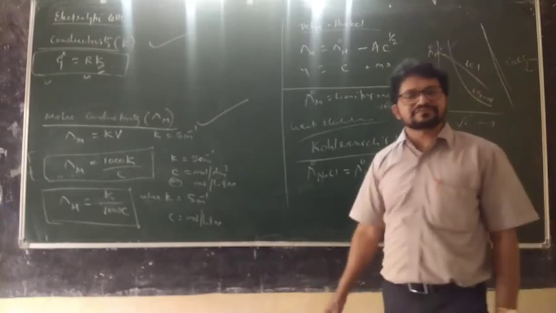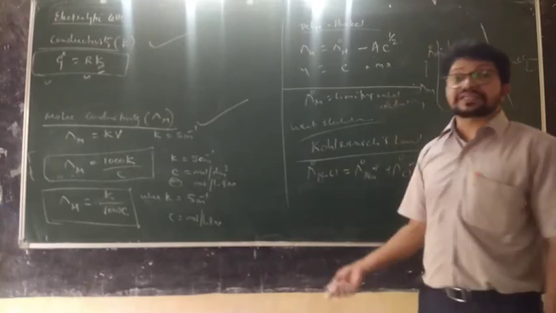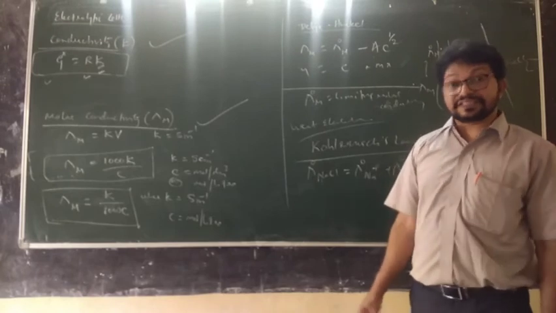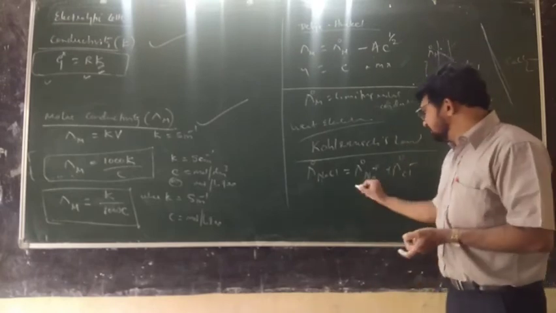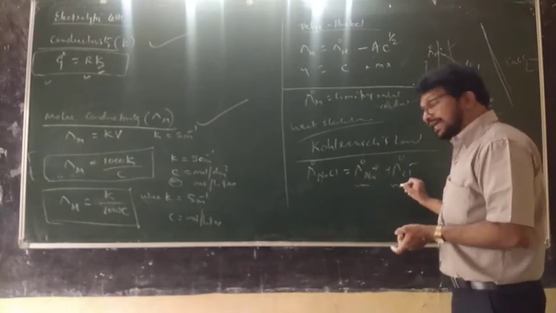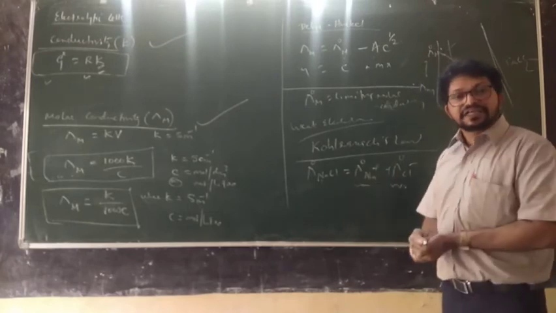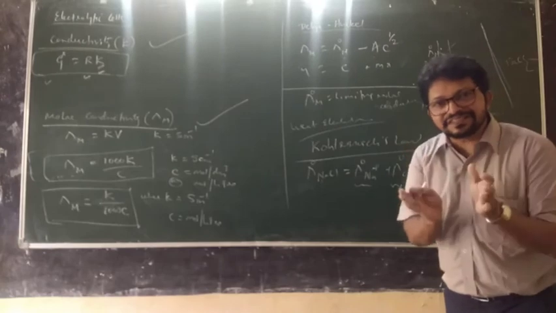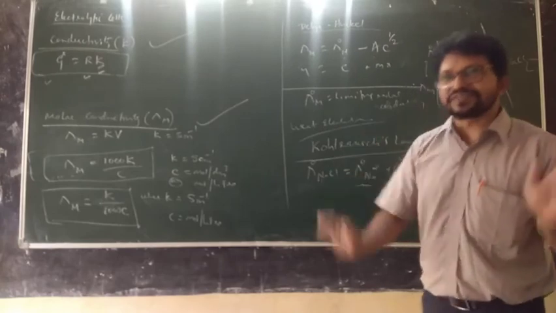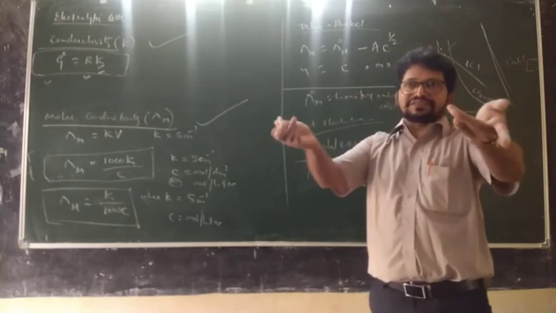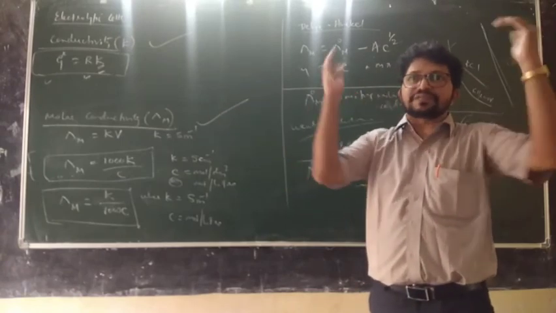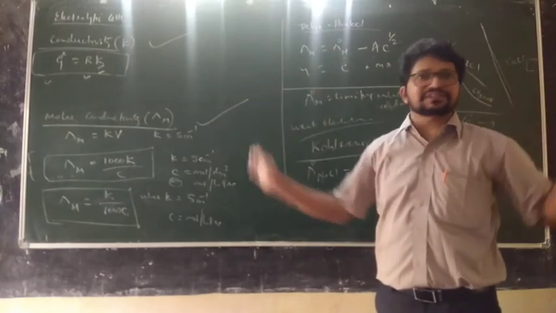This is Kohlrausch's law. The limiting molar conductivity of an electrolyte at infinite dilution is equal to the sum of the individual contributions of cation and anion. This is only possible at infinite dilution. Otherwise, lambda naught of NaCl is not equal to lambda naught of Na plus plus lambda naught of Cl minus.